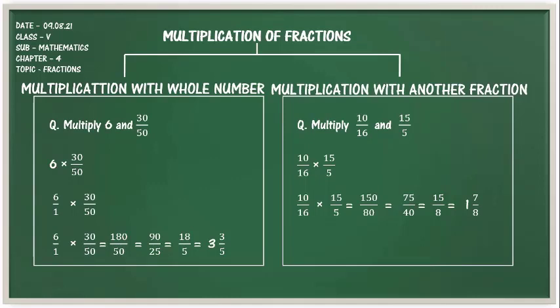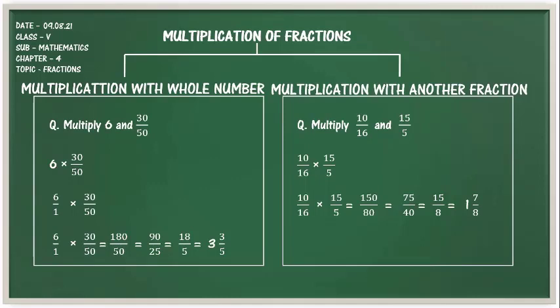Let's multiply the numerator with the numerator and denominator with the denominator. After multiplying the numerators, we got 150. And after multiplying the denominators, we got 80. So 150 upon 80, which after reducing to the lowest term, we got 15 upon 8.